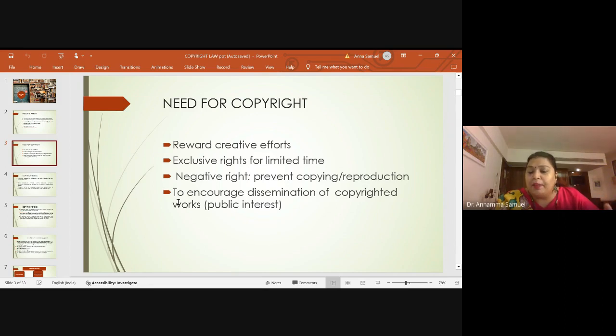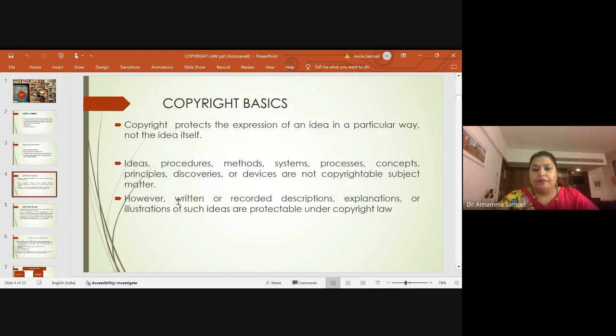The very purpose of giving it for a limited time is that the government wants to encourage the dissemination of copyrighted works. So as soon as it passes the 60 years time period, it will be given out to the public so that the public can use it for their own purposes.